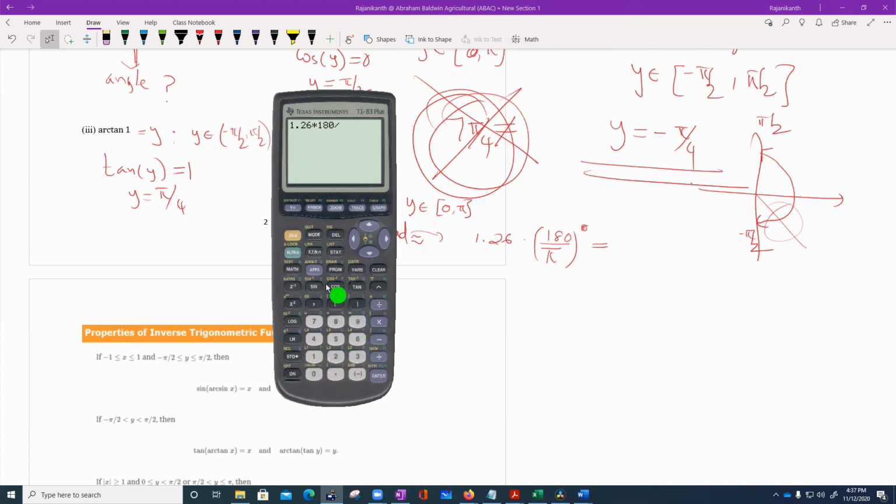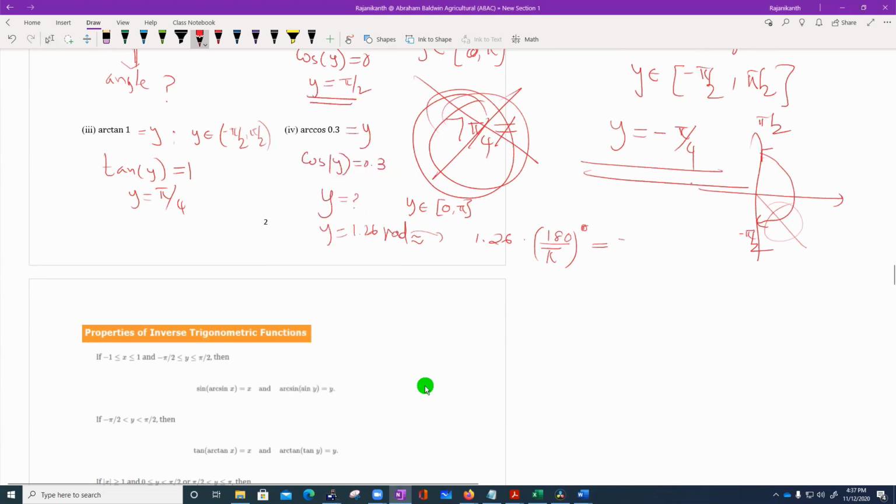Where's pi? Do you see pi here? Yeah, right there. How many degrees? 72.54, so about 72.2 degrees. So if you find the cosine of 72.2 degrees, it will give you 0.3. Makes sense, right? Okay, so now this is the way to find the angles.